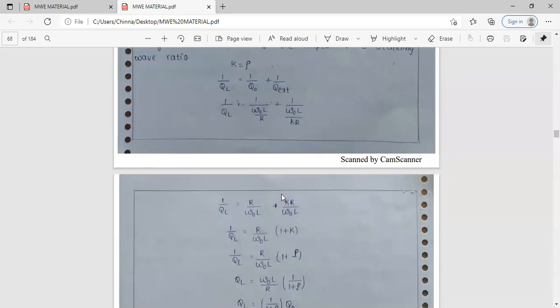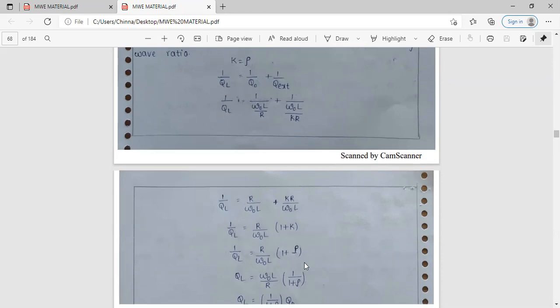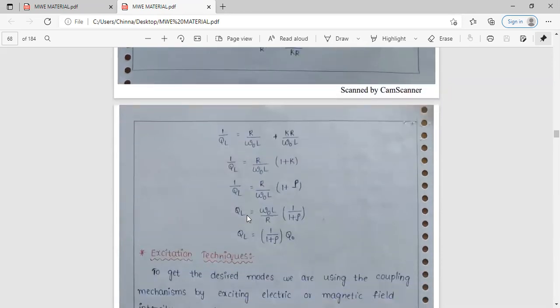So you can obtain the formula 1 by QL is equal to R by omega naught L into (1 plus K). So ఇక్కడ K value ఏంటి rho అని తీసుకున్నాం, 1 plus rho అనేది కన్సిడరేషన్ తీసుకున్నాం. So finally we can obtain that QL is equal to 1 by (1 plus rho) into Q naught.